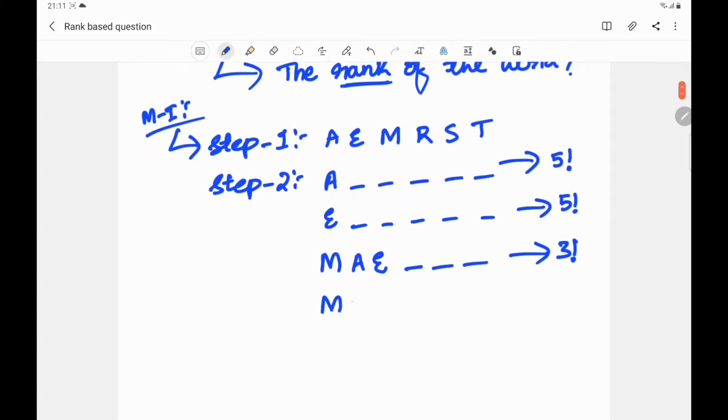Similarly, for words starting with M and the second letter being A, after E, the letter that would come is R. So the other 3 can be arranged among themselves in 3 factorial ways.